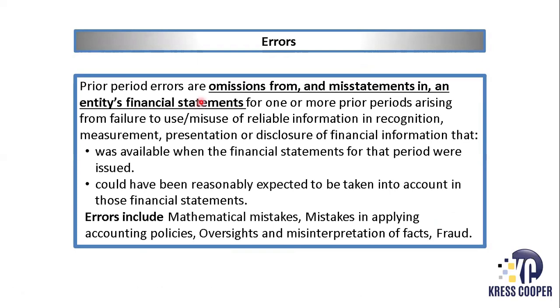So prior period errors are omissions from and misstatements in an entity's financial statements for one or more prior periods arising from the failure to use, or misuse of, reliable information in recognition, measurement, presentation, or disclosure of the financial statements. So error may include mathematical error or fraud, etc. whatsoever.